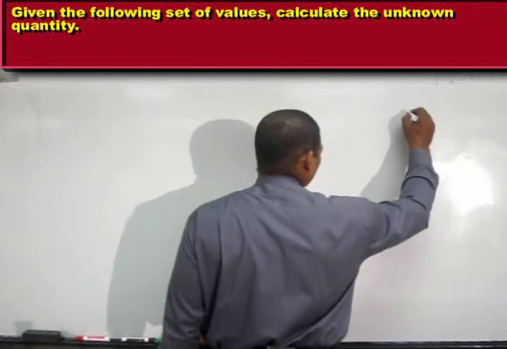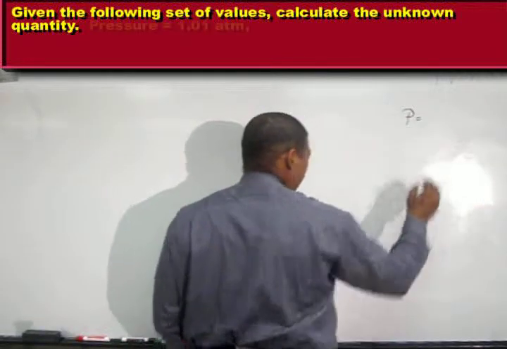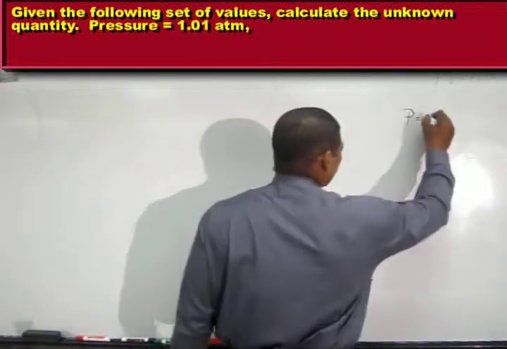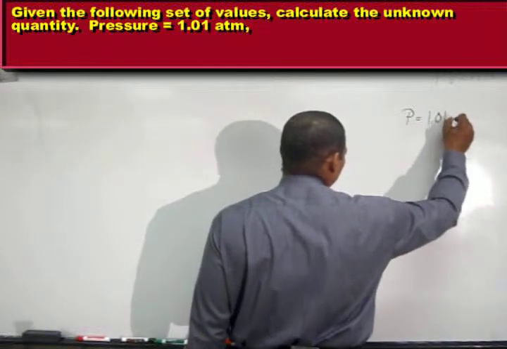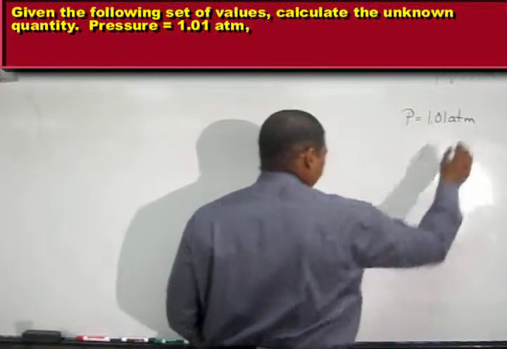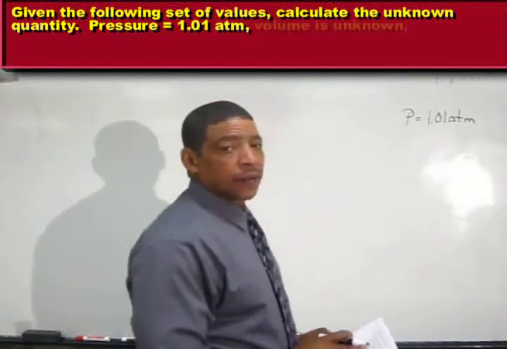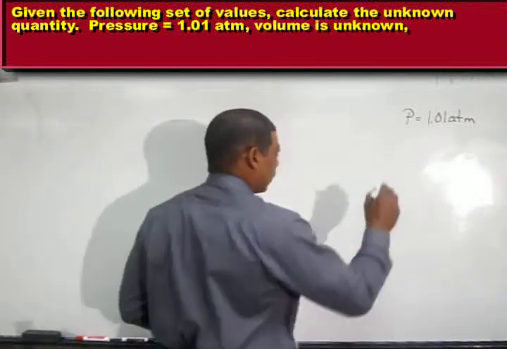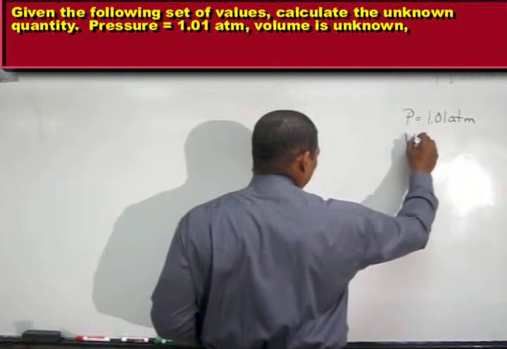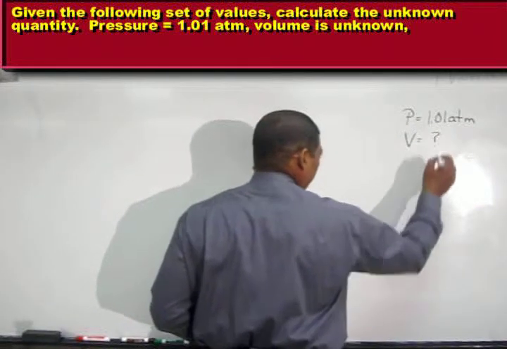The pressure, or P, is equal to 1.01 atm. The volume is listed as unknown. So for V, let's just place a question mark.